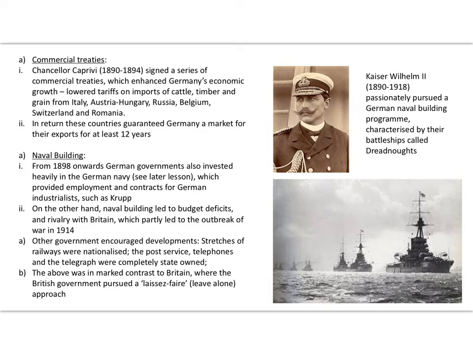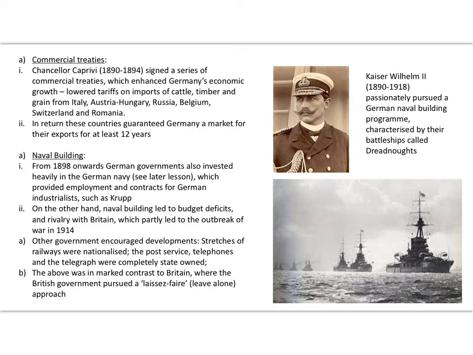So that made those goods cheaper on the German market. And in return, those countries guaranteed Germany a market for their exports. So German businessmen could therefore sell their goods abroad in Austria, Russia, Italy, etc., without having to pay taxes to those countries' governments.